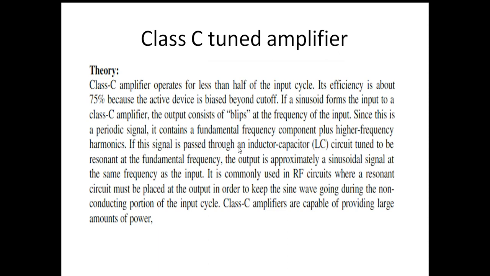If the signal is passed through an inductor capacitor, that is a tank circuit, tuned to be resonant at the fundamental frequency, the output is approximately a sinusoidal signal at the same frequency as the input. Okay, is it clear?